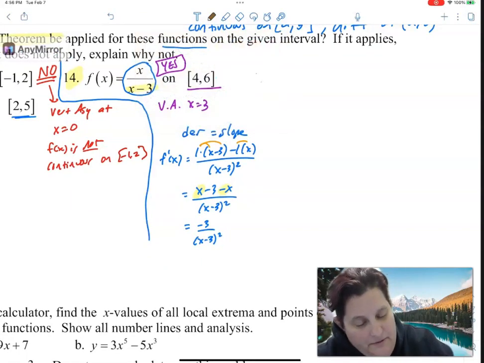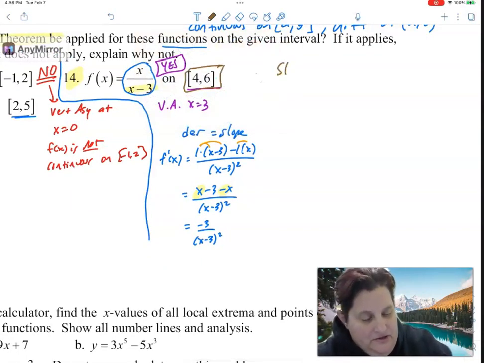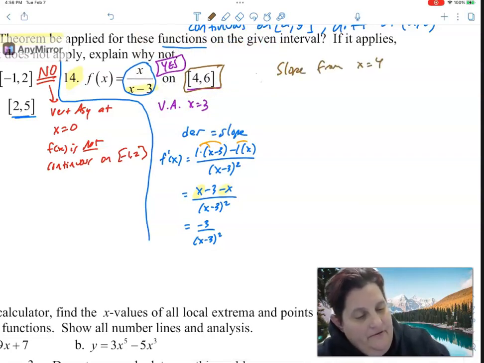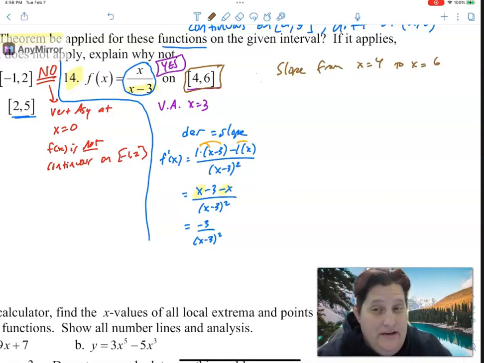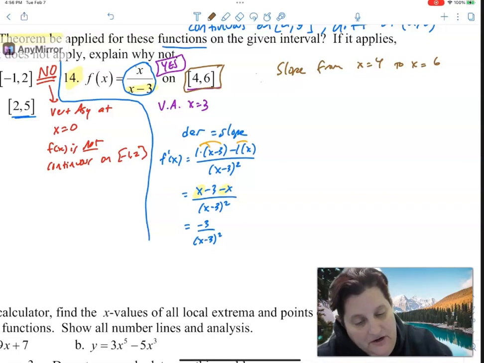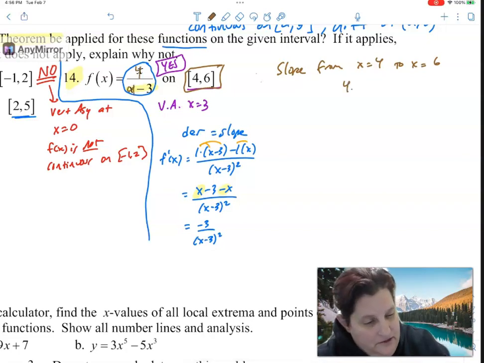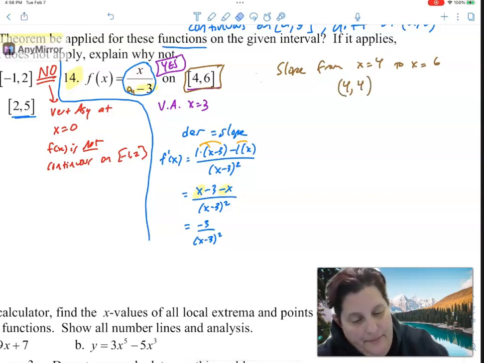Okay, now I'm going to do slope. For my slope, it's from 4 to 6. I need to plug those points in to figure out what the y coordinates are. If I plug in a 4, the y coordinate is going to be 4 over 1, so that's the point (4, 4).